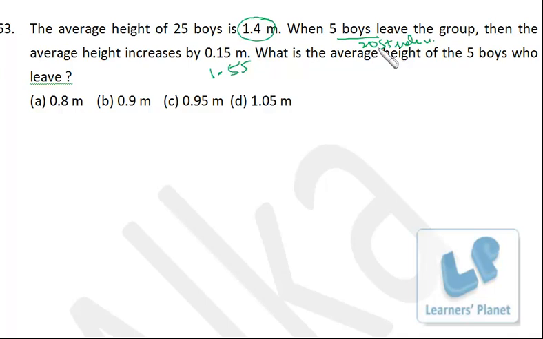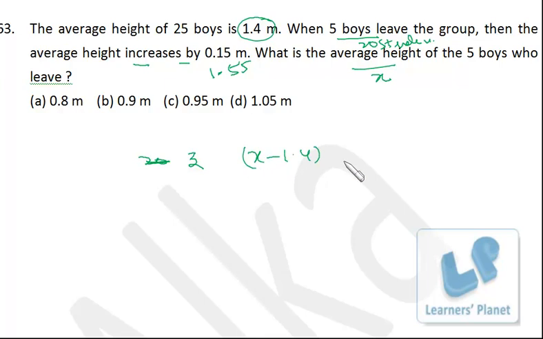Listen to me carefully. For 20 students, the deviation is between 1.4 and 1.55, that is 0.15, and that deviation is positive because height increases. So for 20 students, deviation of each is 0.15, so total deviation is 0.15 into 20, that is 3. Now I assume the average height of these 5 boys to be x, so deviation of each is x minus 1.4.